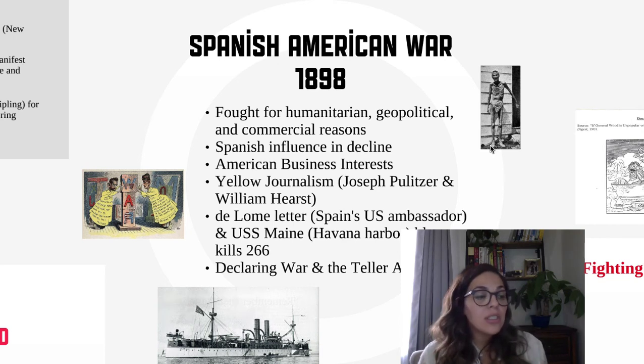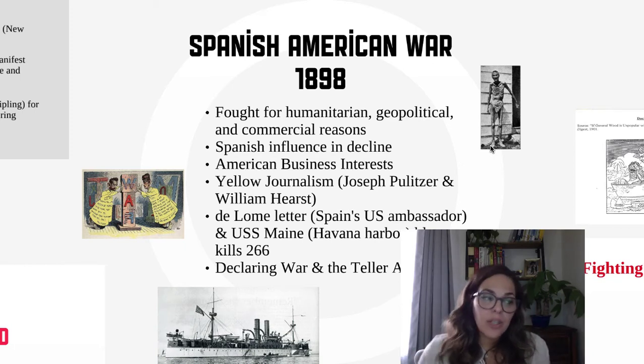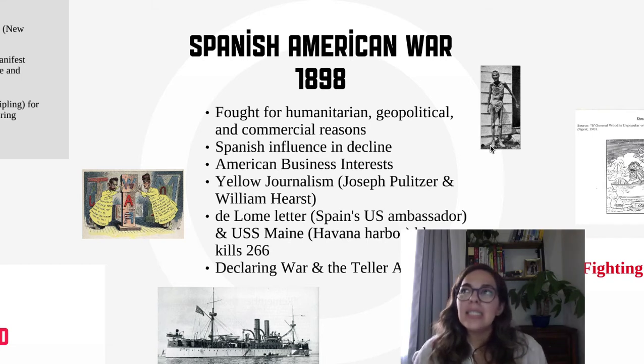Now, remember also that the American Revolution and the Declaration of Independence are going to be inspiration for all of these other revolutionary movements and movements for independence. But when we talk about the Spanish-American War, the United States initially gets involved for humanitarian reasons, okay?